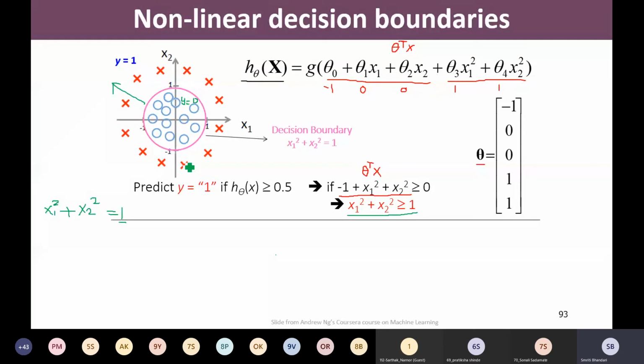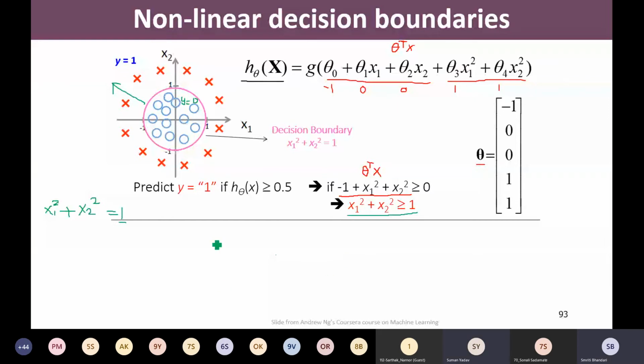Got it? Yes? Any doubt so far? Yes? Any doubt? Higher degree polynomial equations. In that case, how will we decide decision boundaries? Hello, will you please once again repeat your question?